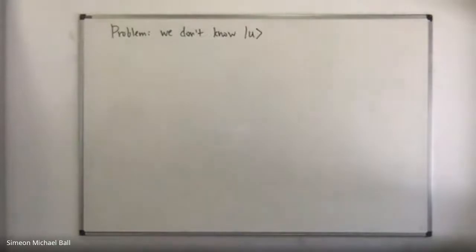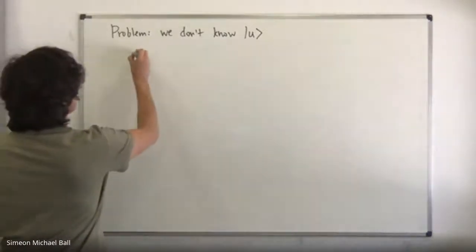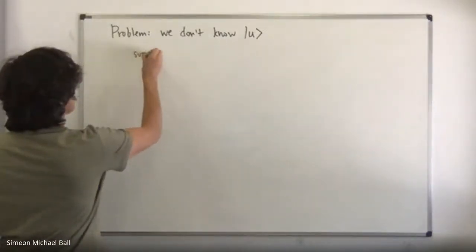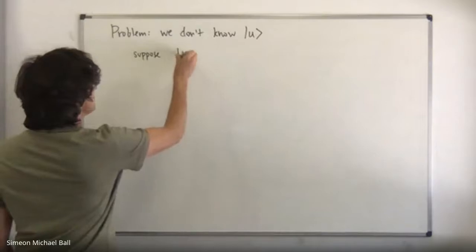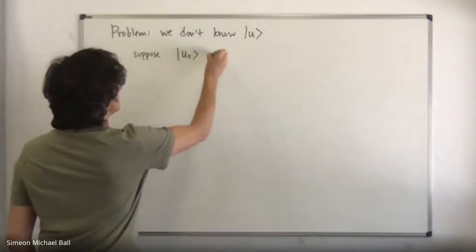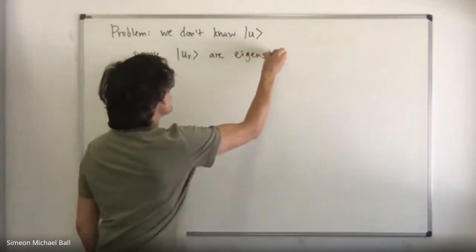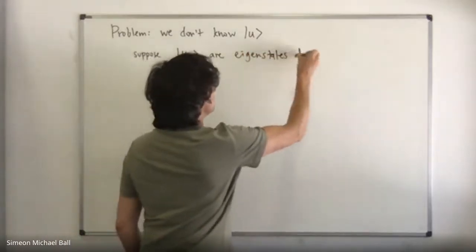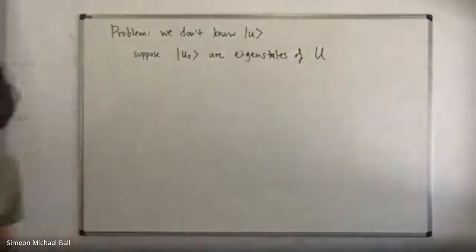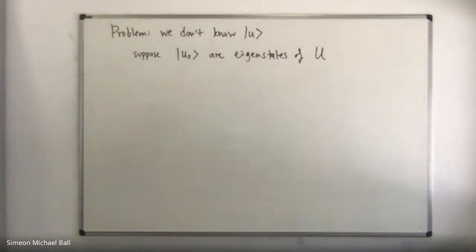But let's imagine that we could know a linear combination of eigenstates. So suppose the us are eigenstates of U, and we do know some linear combination.